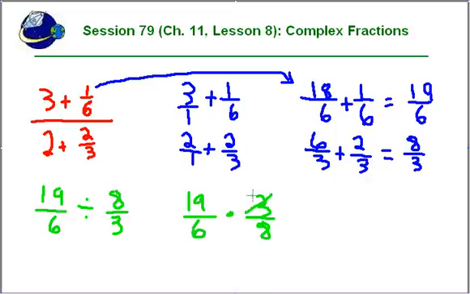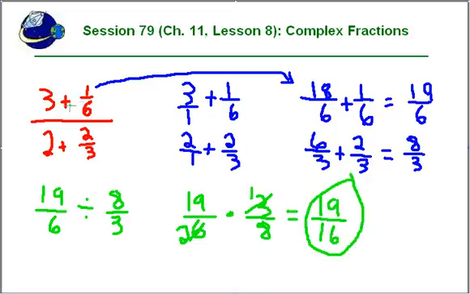This 3 and that 6 cancel. That leaves us with 1 and 2. And we now simply multiply out. 19 times 1 is 19. That's our numerator. Our denominator is 2 times 8, which is 16. 3 plus 1 over 6 divided by 2 plus 2 over 3 is the same thing as 19 over 16.